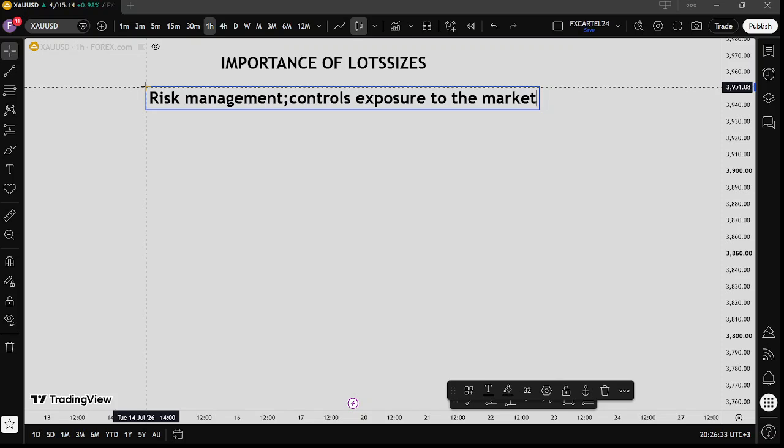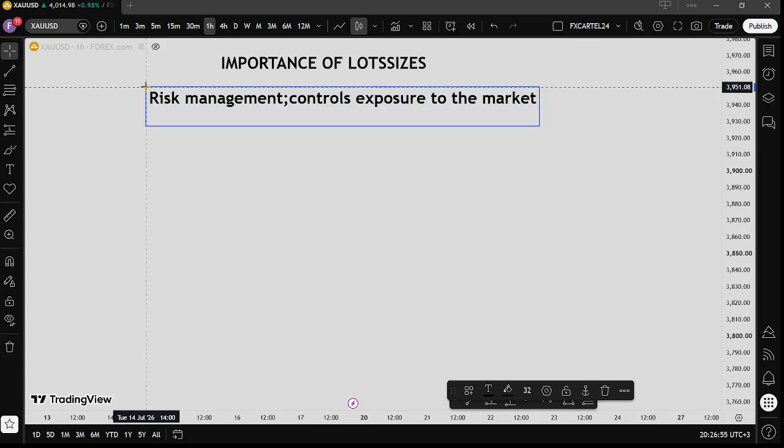Okay, so it is the lot size that will help you to calculate which lot size you're going to lose that will fall under the $20 risk.